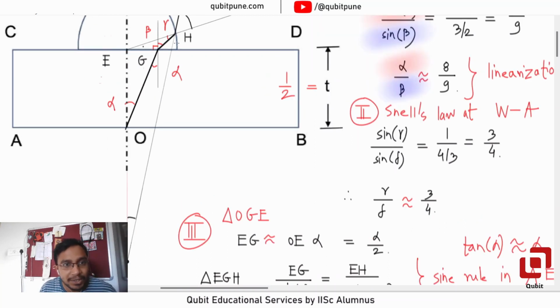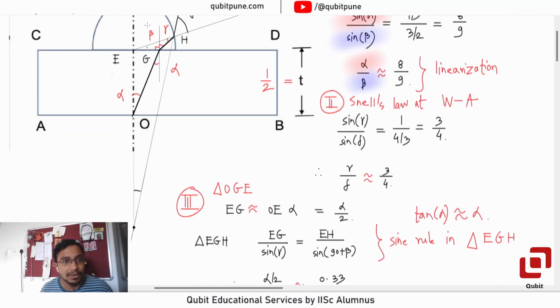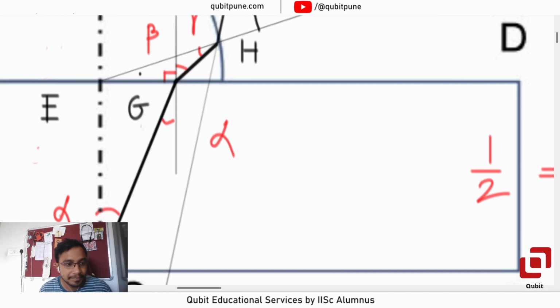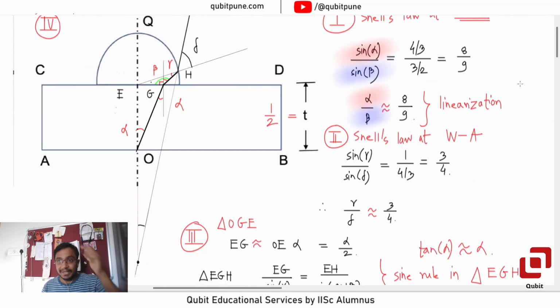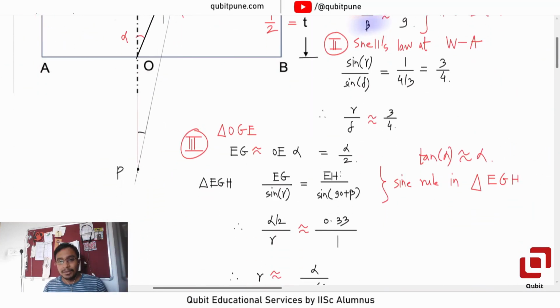Side opposite to angle gamma is EG, and the side opposite to this angle, which is beta plus 90 degrees, this is beta and that 90, is EH, which is the radius of the drop. So EG upon sine gamma is equal to EH upon sine (90 plus beta). I hope you got that.